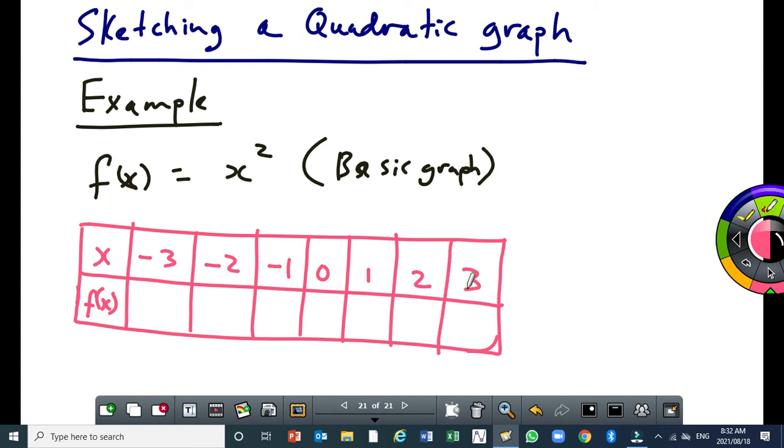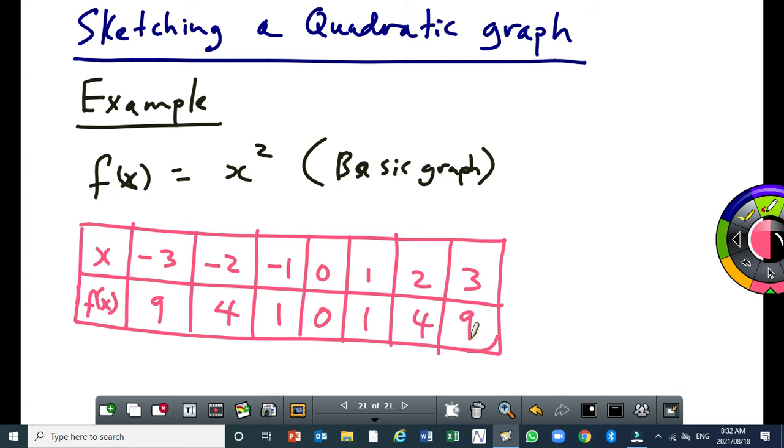Okay? Now, when you write a test, you won't get a mark for drawing the table. Okay? There's no mark. That's why it's wise for you to master how to use the calculator to do the test. So if I substitute x equal to -3 there, I'll get a 9, then a 4, a 1, right, 0, a 1, 4, and a 9.